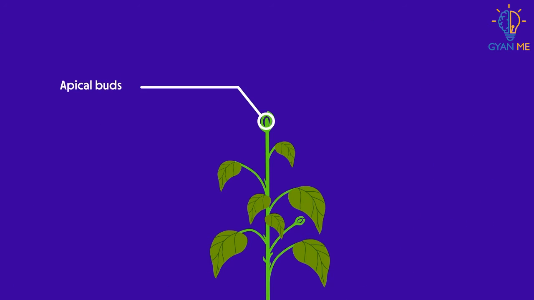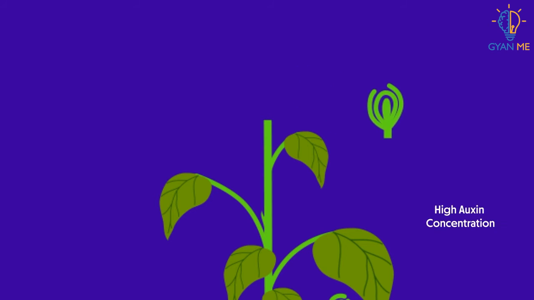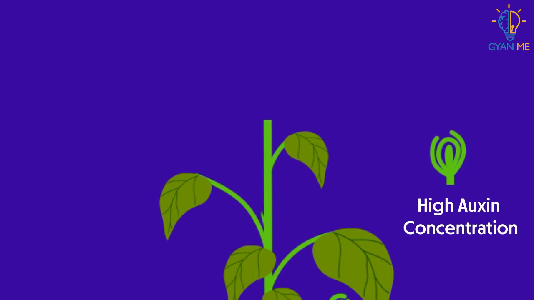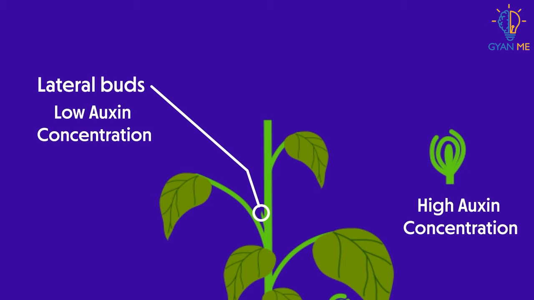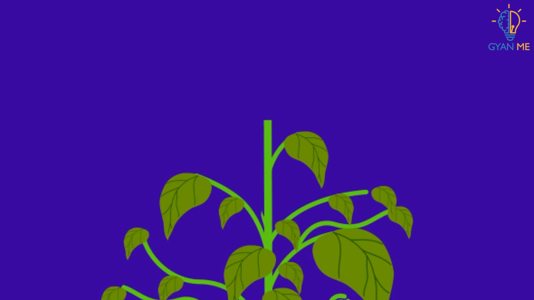They cut all the apical buds, that is, buds present at the top or apex of the branch. Auxin concentration is very high in the apical bud region. When the apical bud is cut off, auxins that are concentrated in this region are also removed, and the lateral buds are no longer inhibited from growth. So the plants attain a bushy appearance instead of height.